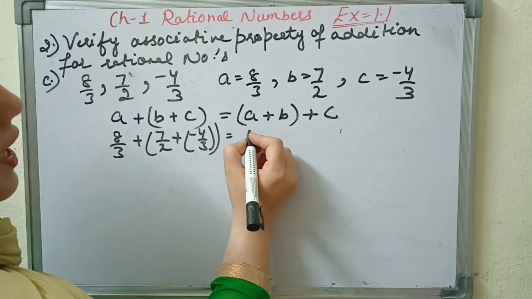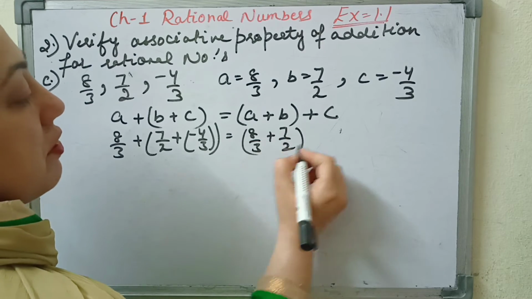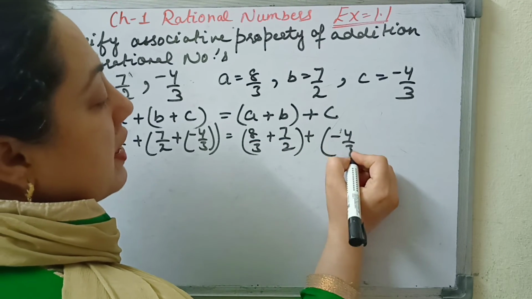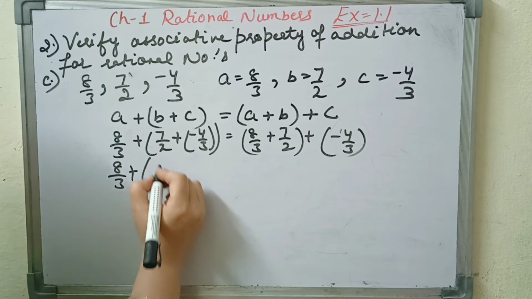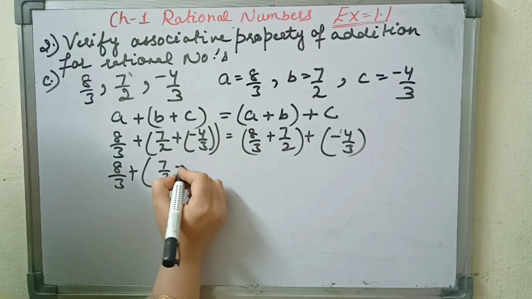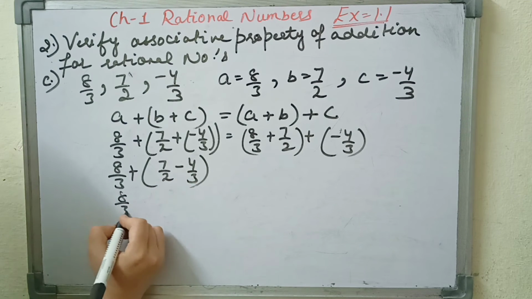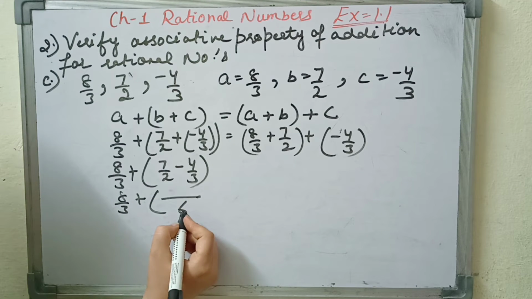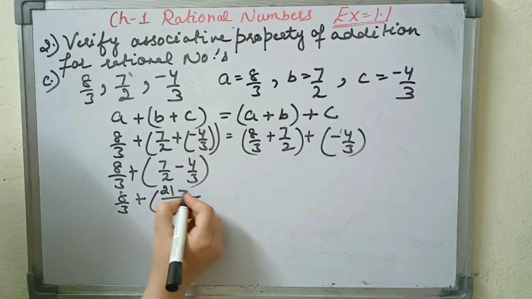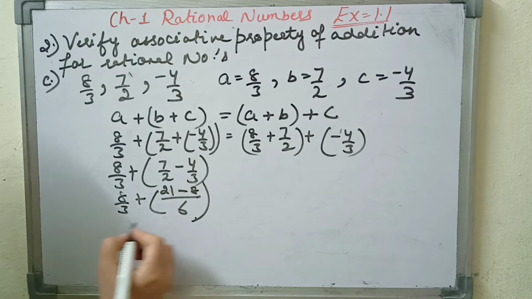Again, on the right hand side, a is 8 over 3, b is 7 over 2 and c is minus 4 over 3. First of all, I will solve the bracket, 7 over 2 plus minus 4 over 3. Take the LCM of 2 and 3, that is 6. 6 divided by 2, we get 3, and 3 sevens are 21. 6 divided by 3, we get 2, and 2 fours are 8.